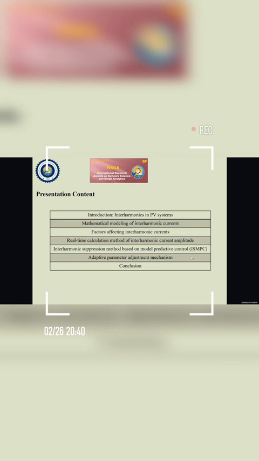In addition, an interharmonics suppression method based on model predictive control is proposed. And finally, in order to improve the suppression of interharmonics, its specific frequency and adaptive parameter adjustment mechanism is proposed.